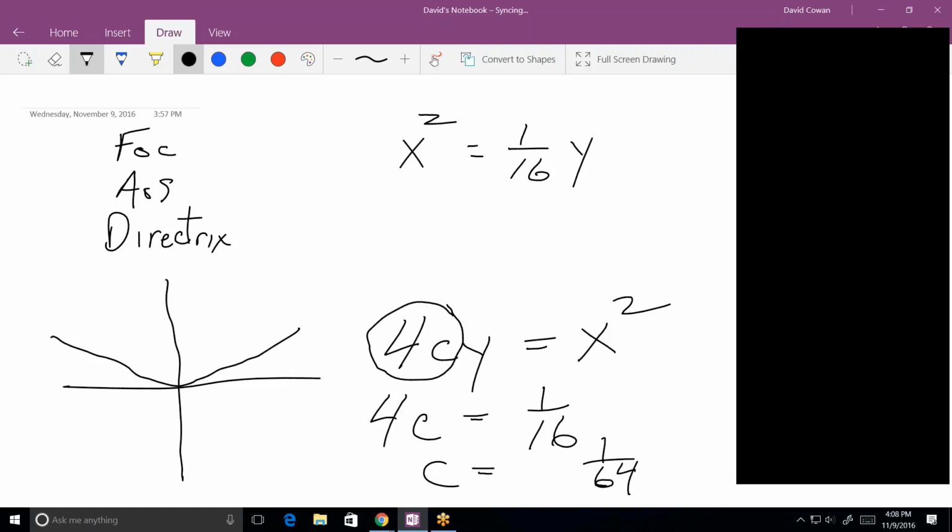And now the focus is always inside the parabola by some distance, and that distance is 1/64. So the coordinates of the focus are 0, 1/64. And that's the focus? That's the focus.